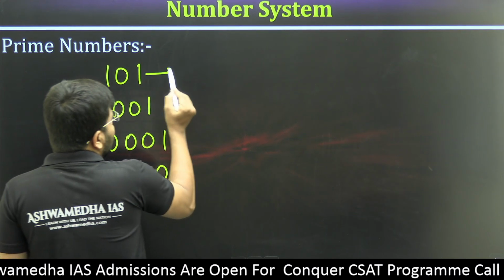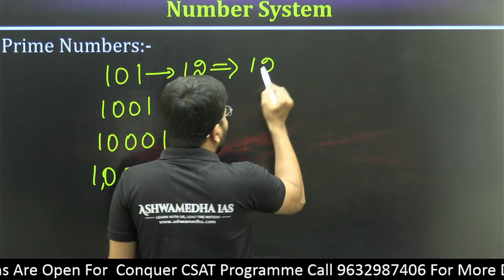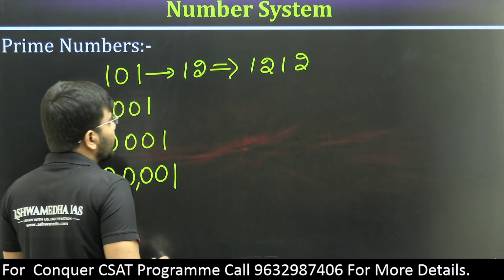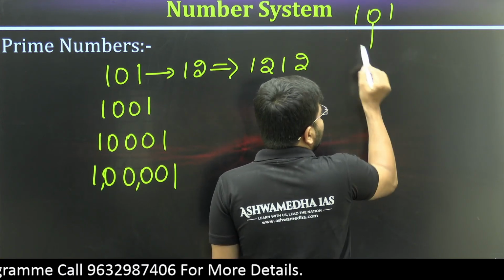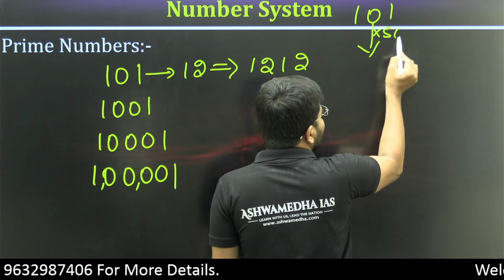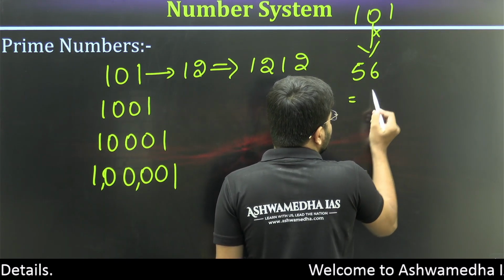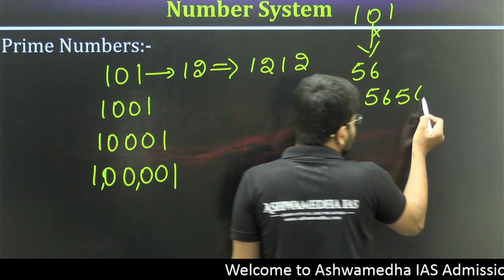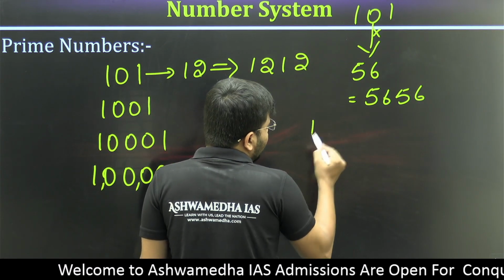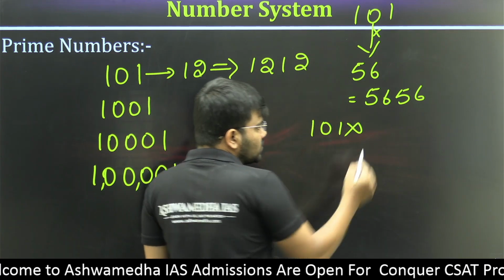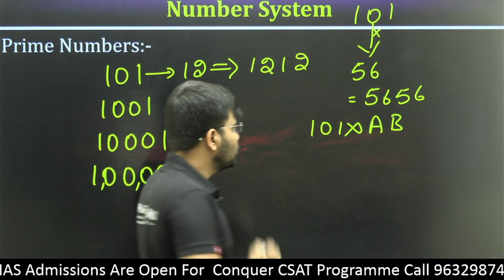Now, if you multiply 101 with 12, the answer would be 1212. If I multiply it with 56, the answer would be 5656. You take any other number: 101 into AB will always give you ABAB. You should know this theme.